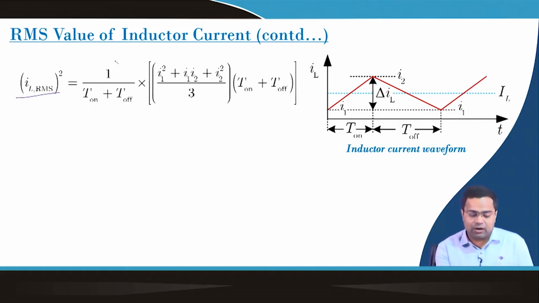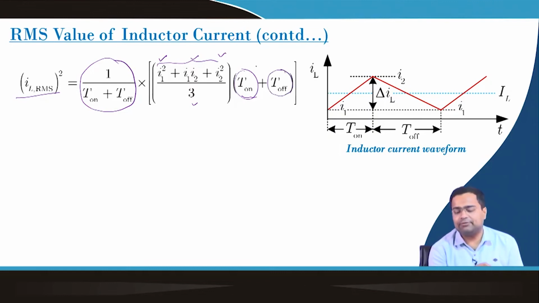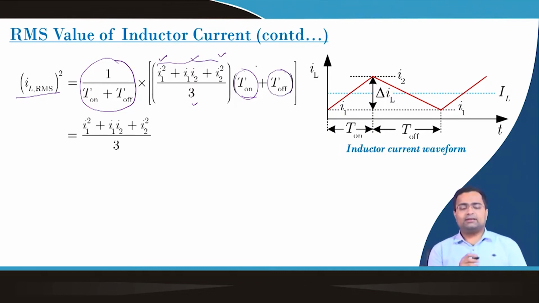We know the formula: 1 by total time period, then in this case I1 square, I1 I2, I2 square by 3, and since both I1 and I2 are common for both the intervals, only in one case it is peak and in the other a valley. It does not matter as far as this formula is concerned. Then the total time is T on, the same expression is also common for T off. So, if we add them together, then we will get the IL RMS as I1 square plus I1 I2 plus I2 square by 3.